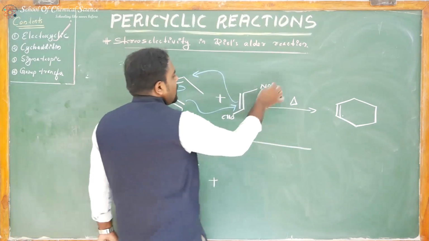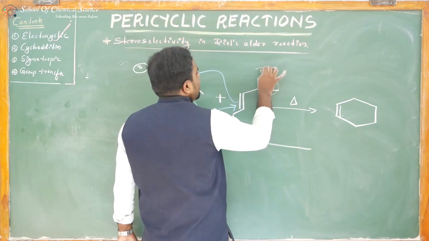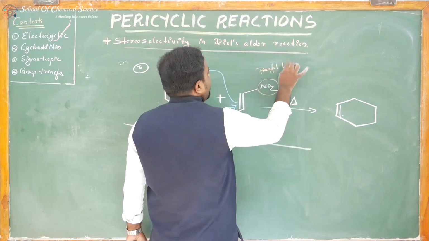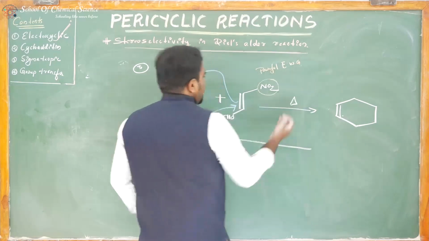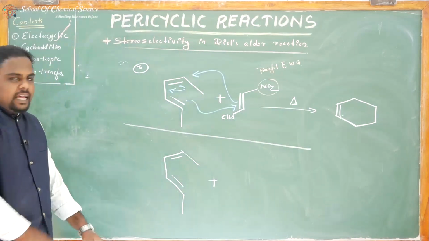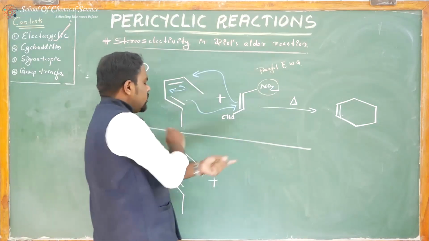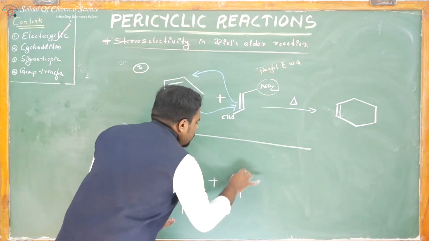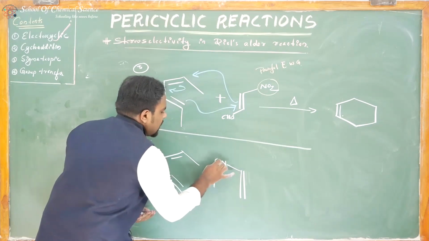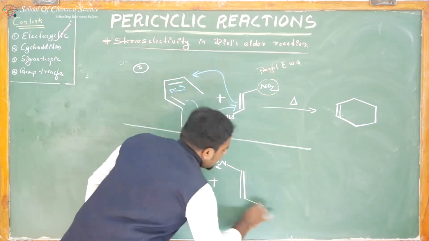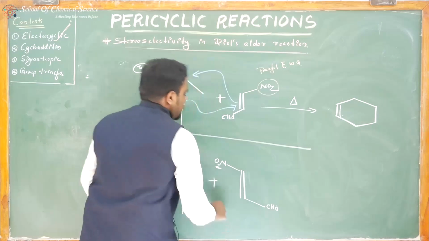But NO2 is a powerful electron withdrawing group, so that will be more close to the diene. Then only secondary interaction will be maximum. So the most powerful withdrawing group will be more close to the diene. So NO2 is more close to the diene, and CHO is trans to that.